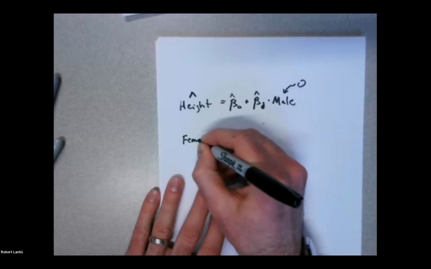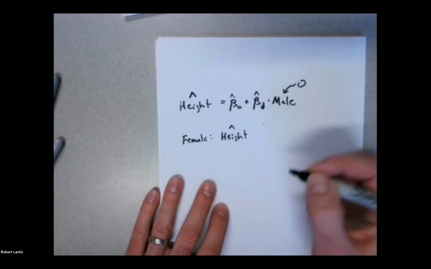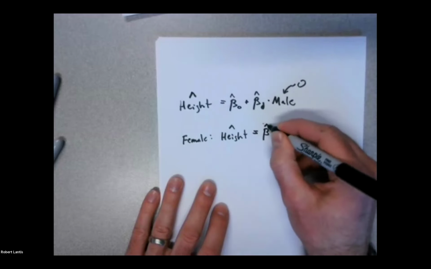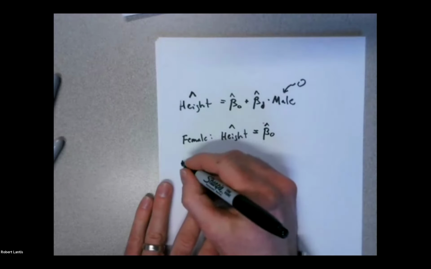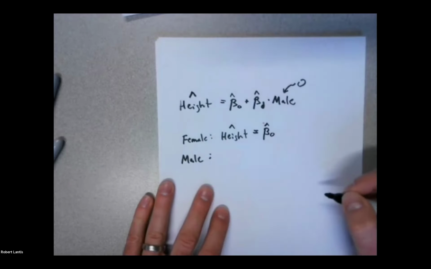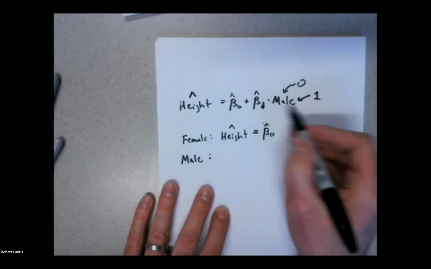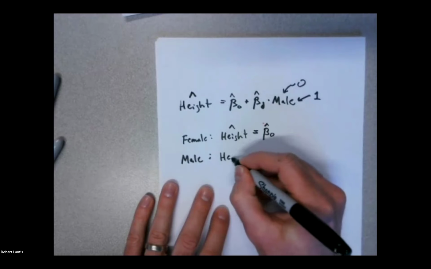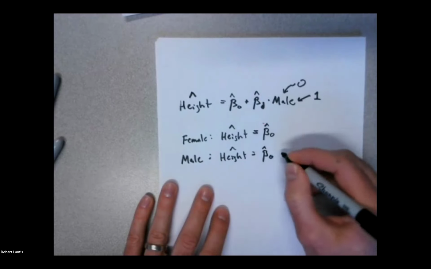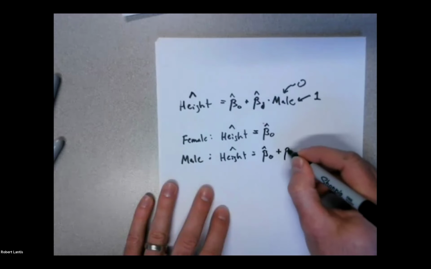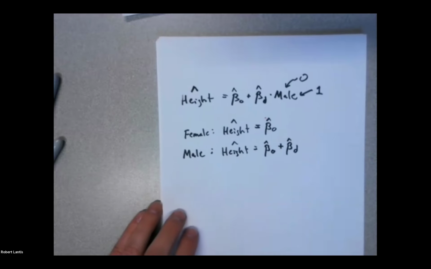So for females, my predicted height from a very simple linear regression would simply be the intercept. Now, if I wanted to make a prediction for a male's height, this variable becomes a 1. Anything times 1 is itself. So the predicted height for males would be the intercept coefficient plus that slope coefficient on the dummy variable.